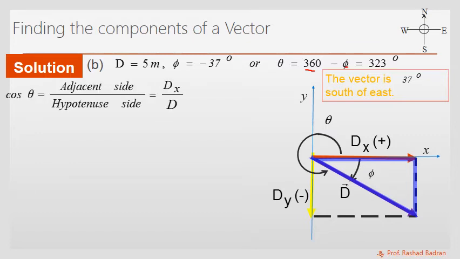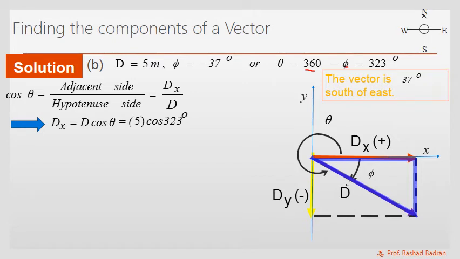To find the x component, following the trigonometric relation cosine theta, which says that the adjacent side dx over the hypotenuse side d gives us the x component, which is the multiplication of the hypotenuse and cosine theta.